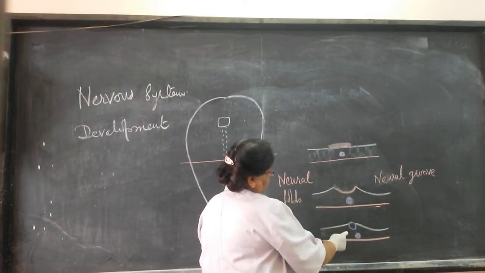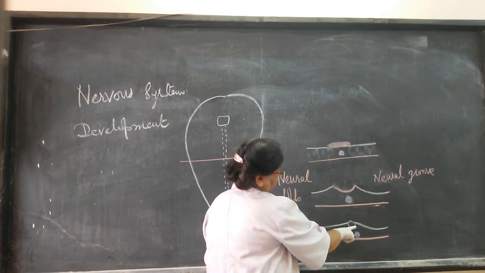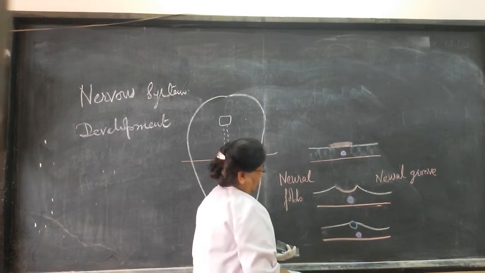This forms a tubular structure known as the neural tube.